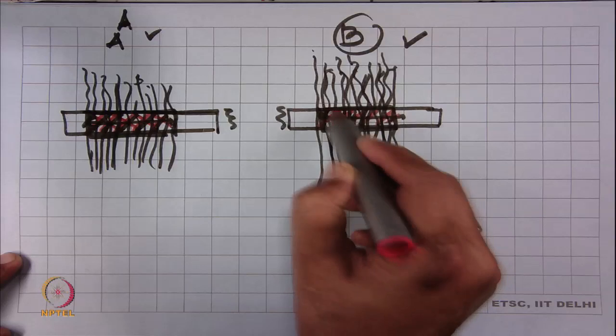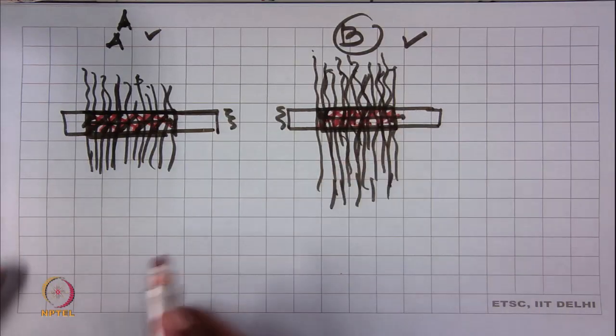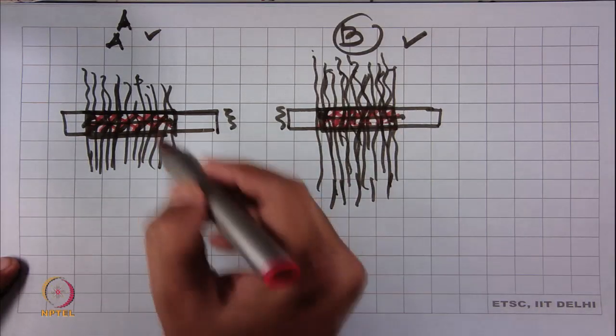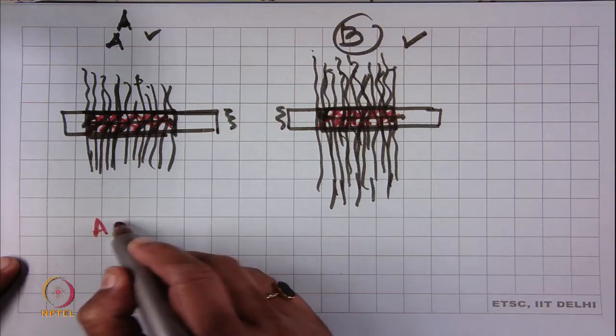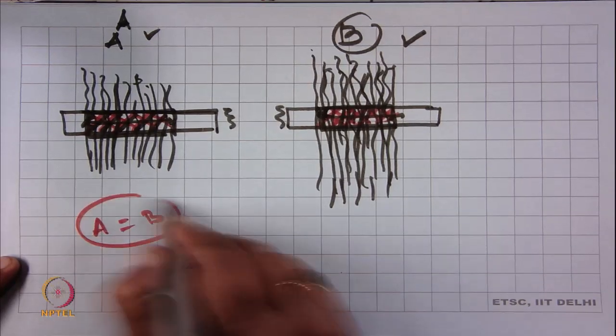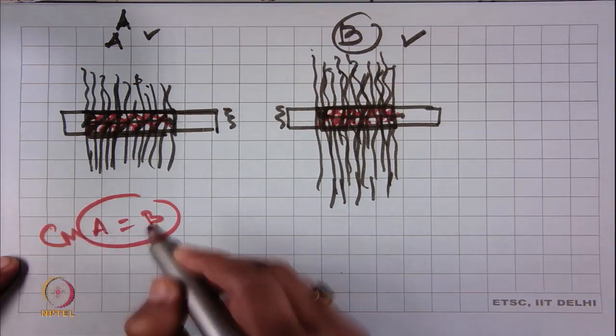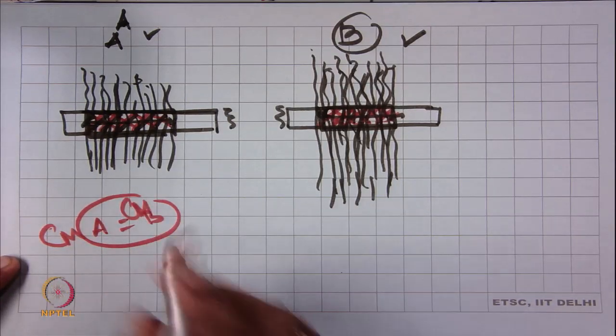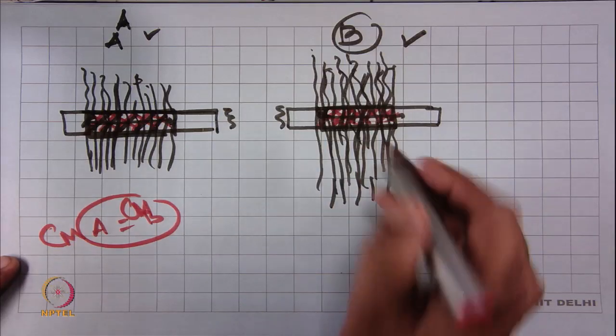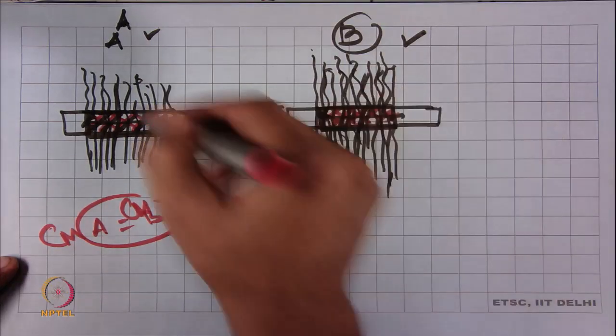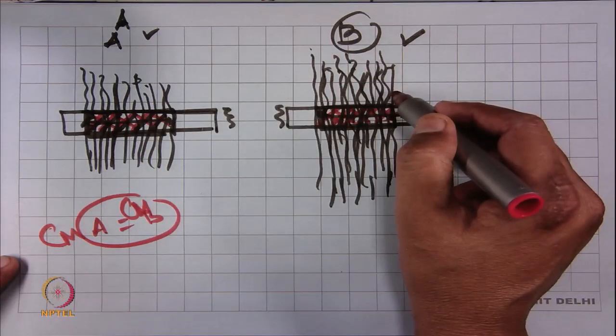What will happen with the clamped mass? The clamped mass of both fibers A and B will be equal, because they are the same fibers, but this one is longer.